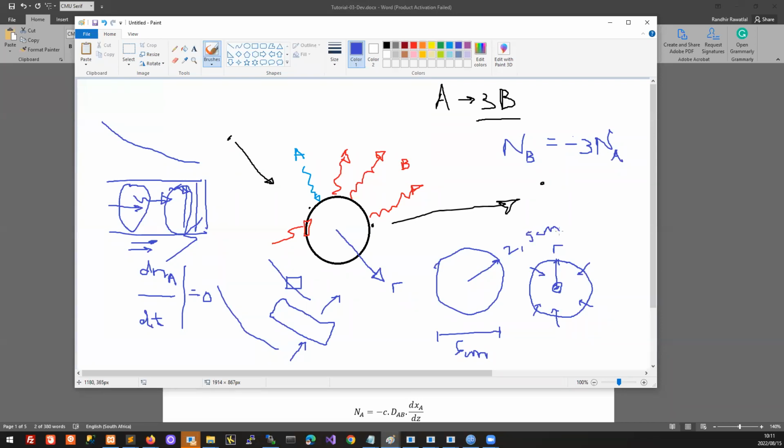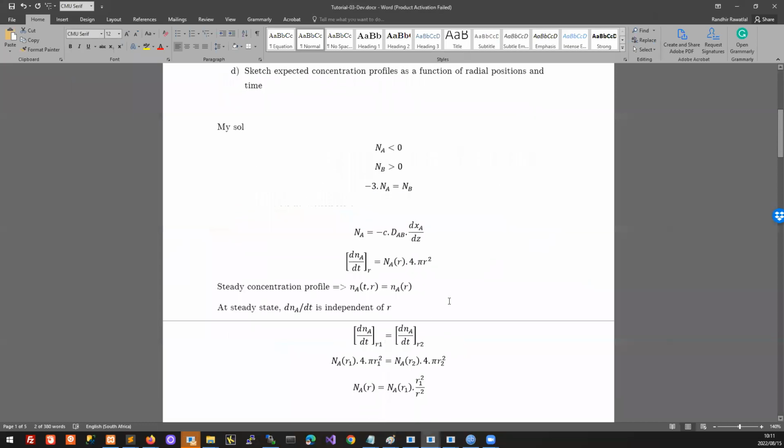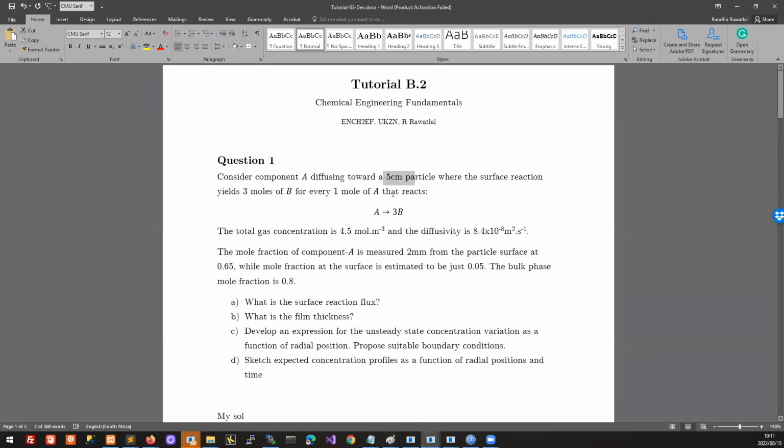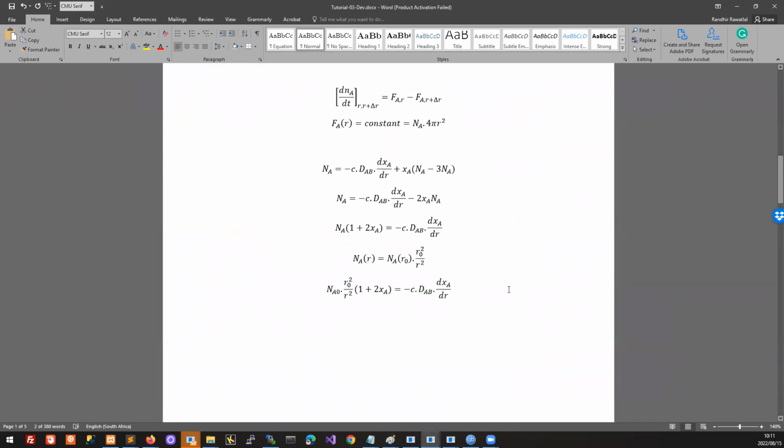So that's there. And then the other thing we have in this problem is we are told that 2 millimeters from the particle surface, the mole fraction is this value. Okay, let's keep going with this then. So let's solve this whole problem, and we can rewrite this as, so we're going to move the dr, we're going to integrate in R on that side.